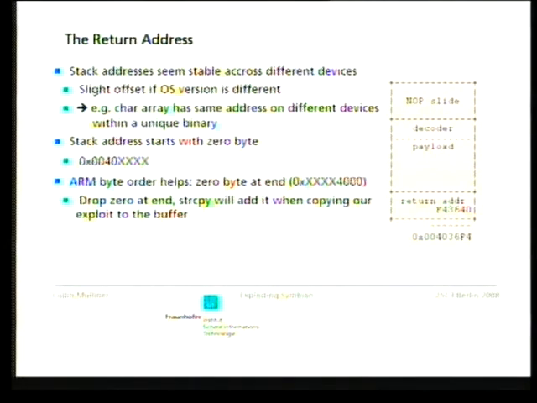The heap is usually at this address, so that's pretty fixed. There's no randomization or anything. So if you debug and find the buffer addresses in your application on the stack, then they're there.